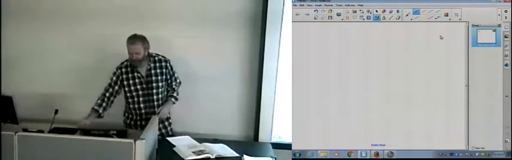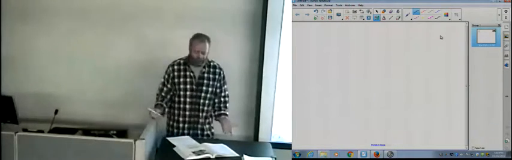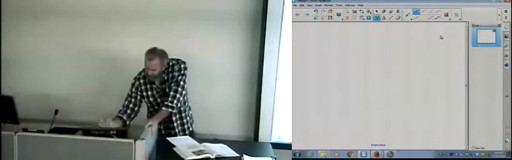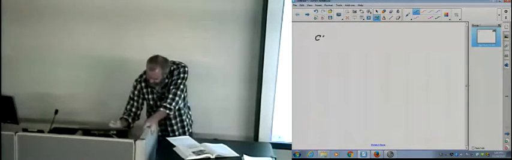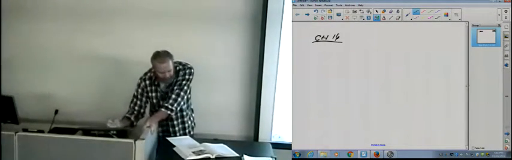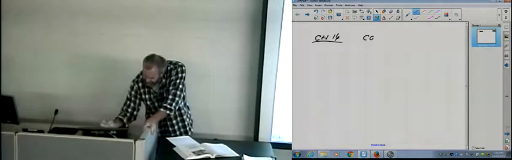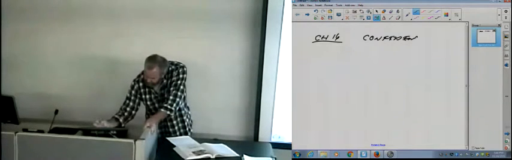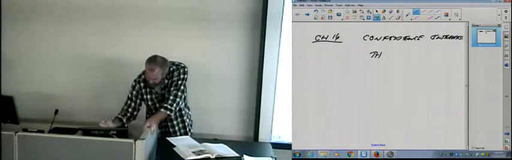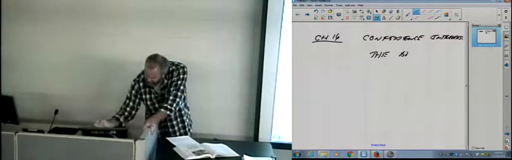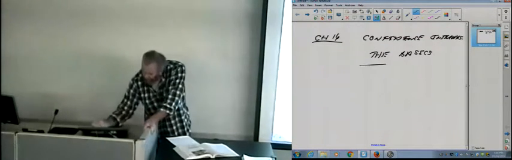And we're changing parts of the book, because I'm looking at chapter 16, and the title of it is Confidence Intervals. They call it the basics. That's fine. It's the beginning. It's the first time we work with confidence intervals.